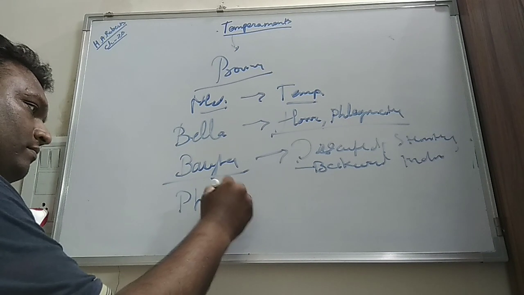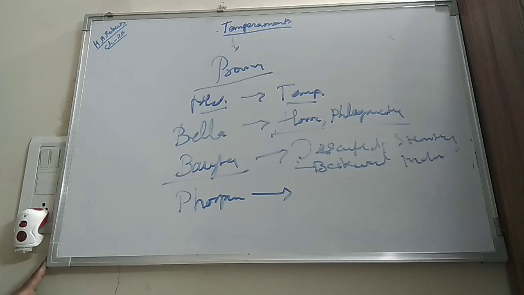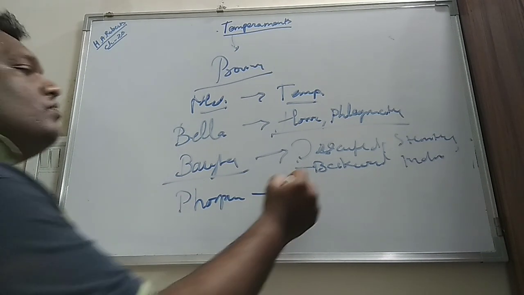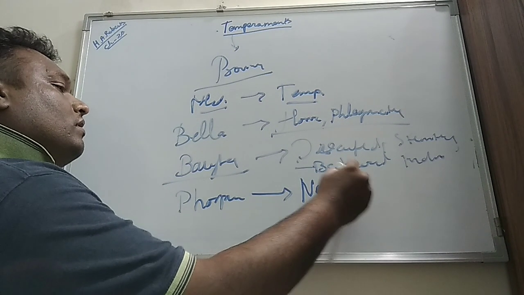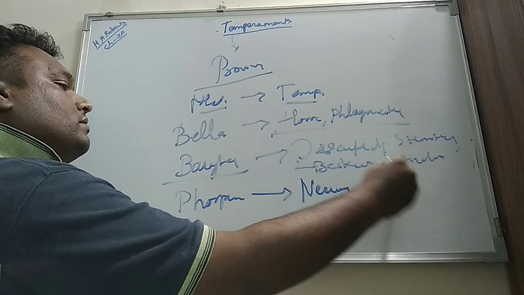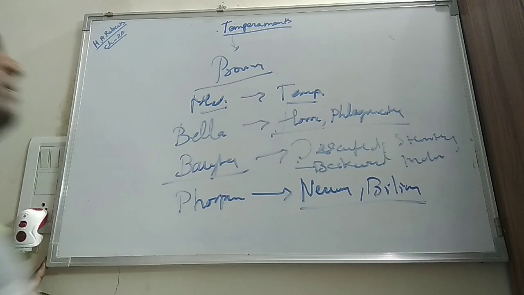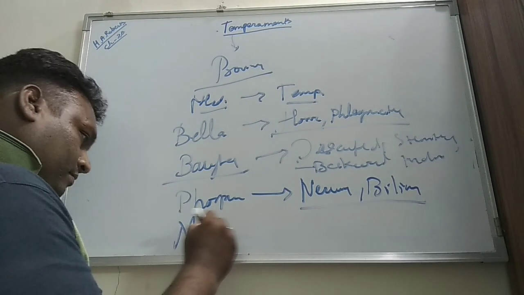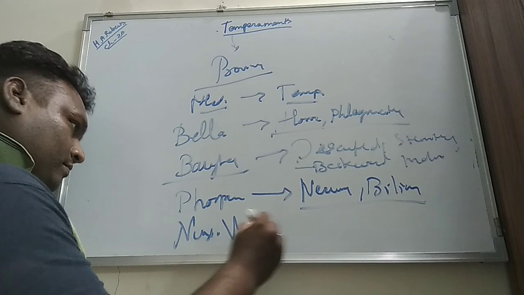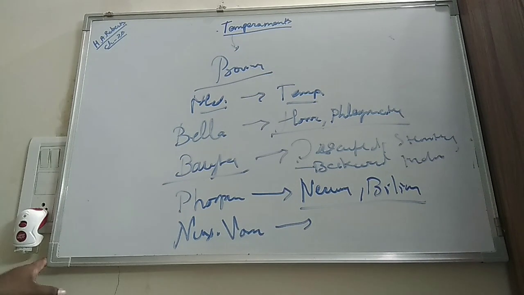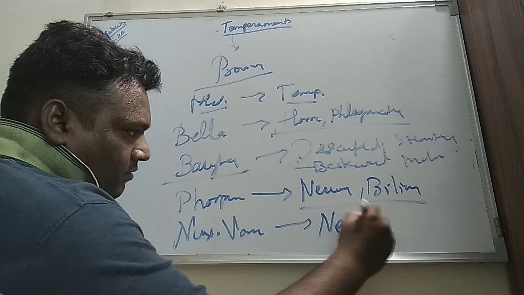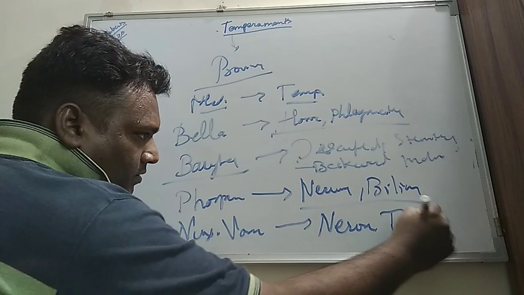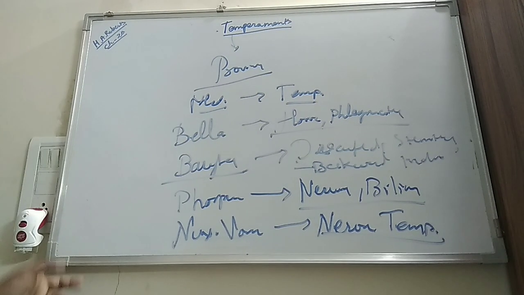Phosphorus usually affecting nervous and bilious temperamental people. Nux vomica usually affects nervous temperamental people.